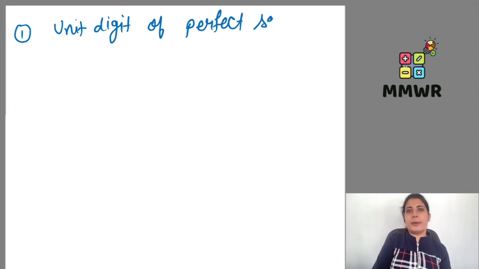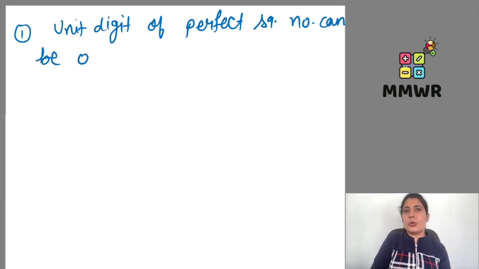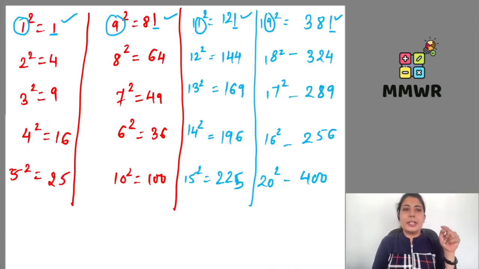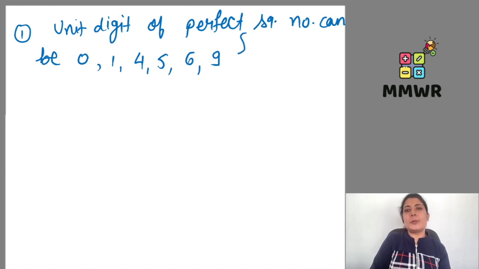The unit digit of a perfect square number can only be 0, 1, 4, 5, 6 and 9. All these digits are allowed to be there at the unit place.